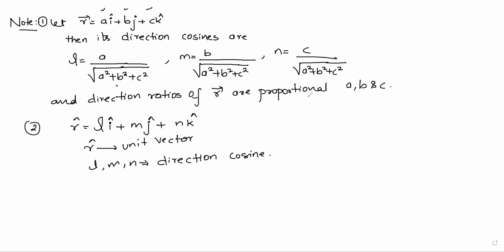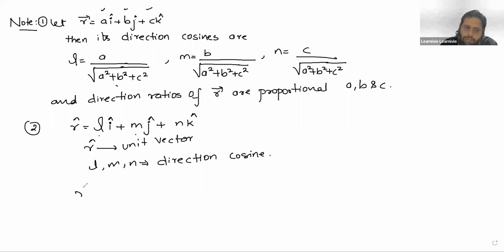Always remember this. Second, with the help of direction cosines, if we form a vector, then that vector will always be a unit vector. These l, m, n are the direction cosines, and with their help I have formed this vector r cap. So this will always be a unit vector. Why?